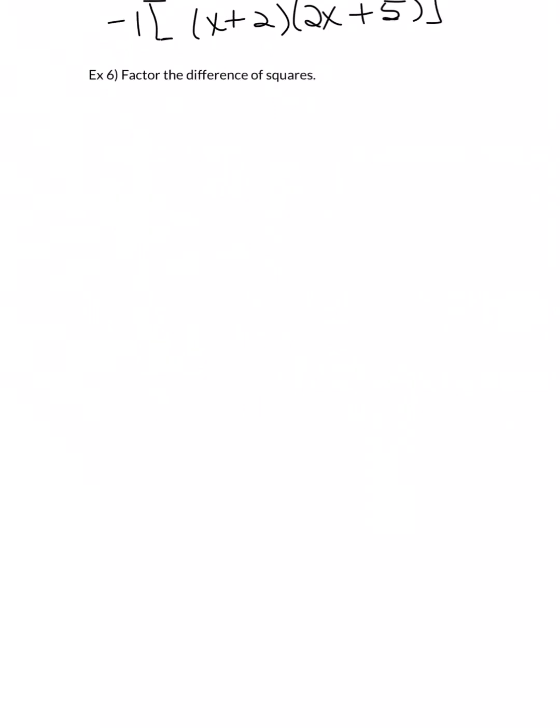The last kind of problem we're going to look at in factoring is difference of squares. Remember that the word difference means subtraction. So what you have to have when you have difference of squares is 2 terms with subtraction between them, and both terms need to be squares.